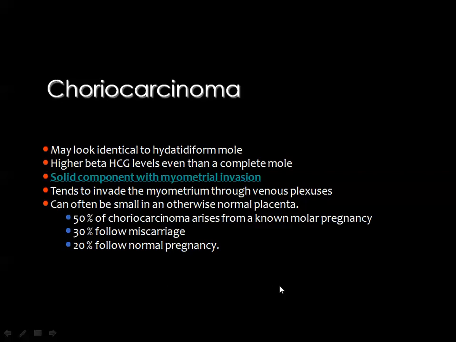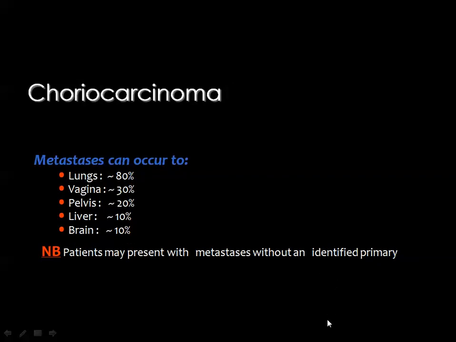The lesion tends to invade the myometrium, and these are some of the appearances of choriocarcinoma. 50% arises from a non-molar pregnancy, 30% follows abortion, and 20% follow a normal pregnancy. Metastases from choriocarcinoma can affect most commonly the lung, then may affect the vagina and the pelvis, the liver, and the brain.